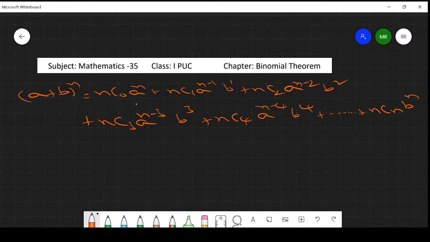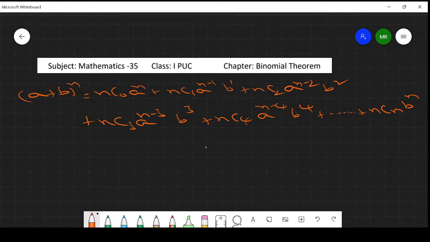You can see here nC0 a power n. This n is called the index of the binomial. In nC1, the power of a should be the difference of n and 1, b power 1; this suffix is the power of b. nC2 a power n minus 2 b square, nC3 a power n minus 3 b cube, and so on.